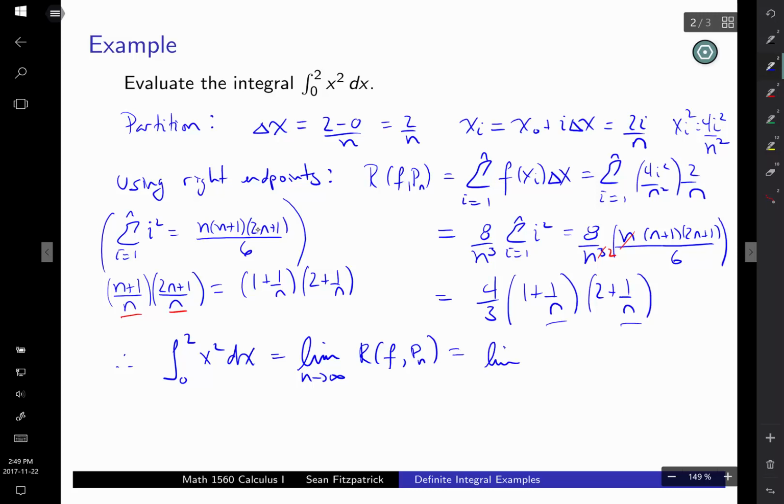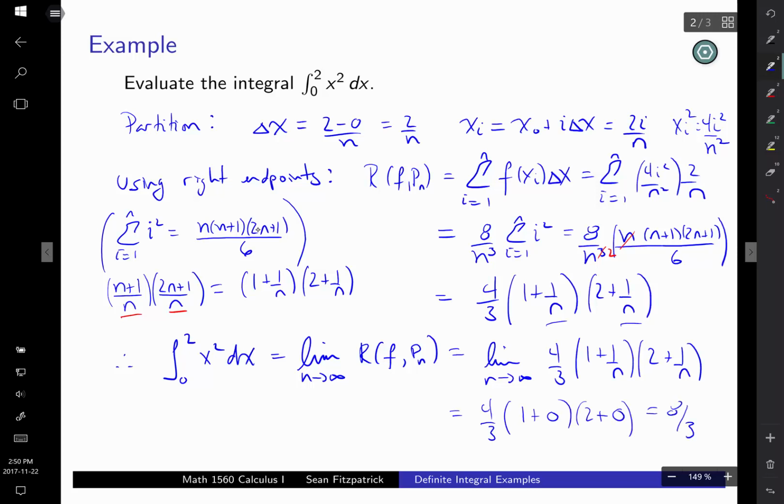So this is the limit as n goes to infinity of 4 over 3 times 1 plus 1 over n, times 2 plus 1 over n. And of course, as n goes to infinity, what happens to 1 over n? Well, 1 over n is going to go to 0. So this becomes 4 over 3 times 1 plus 0 times 2 plus 0, which comes out to 8/3, and that's our integral.